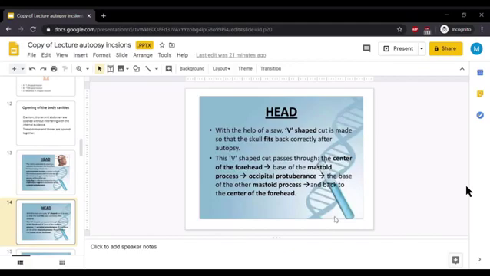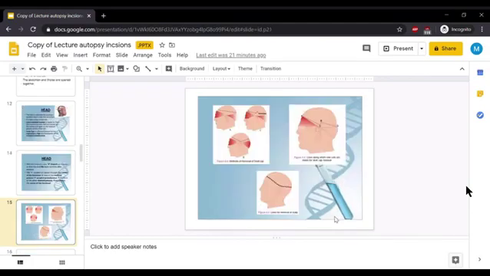This V-shaped cut starts from the center of the forehead, goes to the base of the mastoid process, and from the mastoid process posteriorly to the occipital protuberance, and then again on the other side of the mastoid process, and back to our starting point, the center of the forehead. You can see it is just like a V shape.